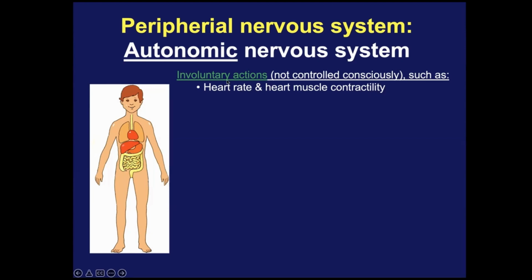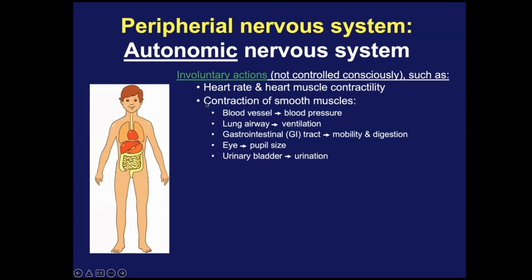These are the involuntary actions of the heart. Also, the contraction of the smooth muscles in the body is not controlled consciously. The contraction of the smooth muscle in the blood vessel regulates the blood pressure. If the contraction is too strong, it may cause hypertension.